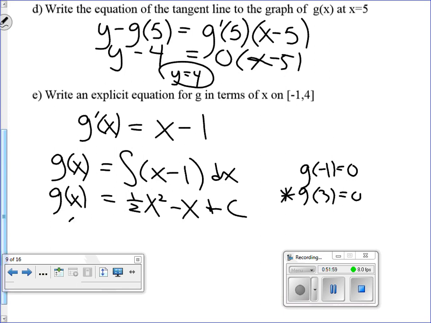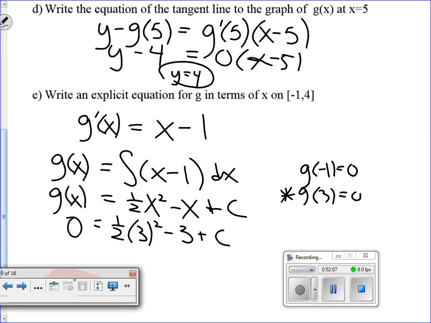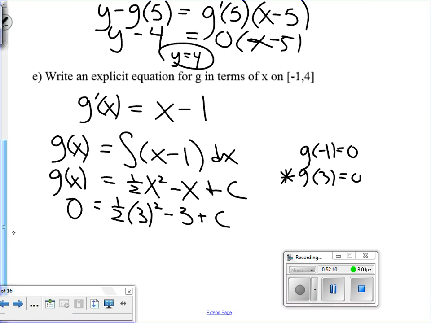So I'm going to plug in 0 for g of x, and I'm going to plug in 3 for x, and solve for c. So we get 0 equals 9/2, which is 4.5, minus 3 plus c. So 0 is equal to 1.5 plus c.